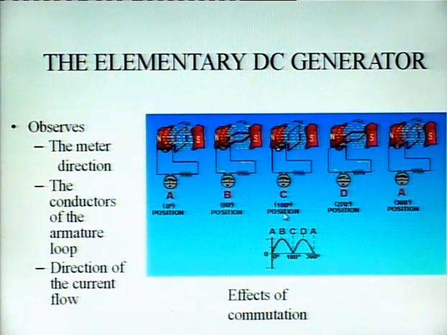From 0 to 180 degree, the EMF induced is in the positive direction, and from 180 degree to 360 degree again the EMF induced is in the positive direction. So with the help of the commutator, we have changed the direction of EMF, which was previously in the negative direction, to the positive side.